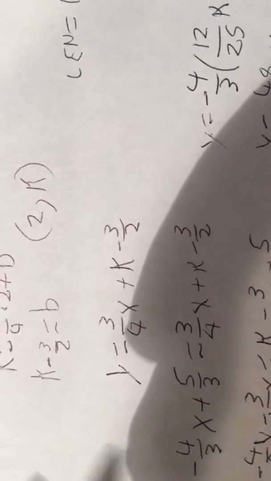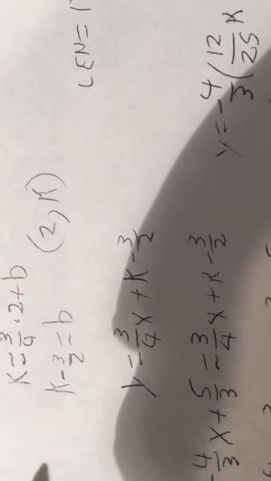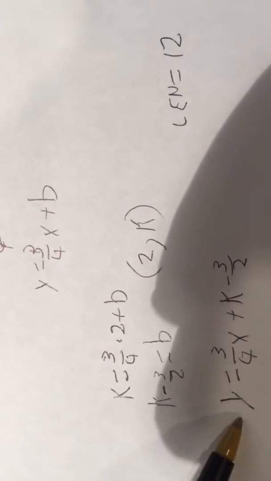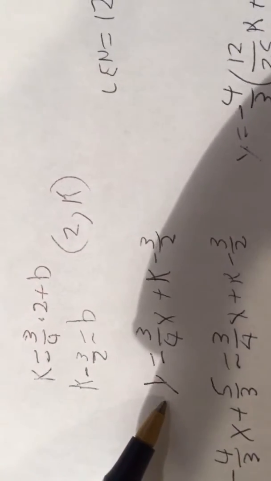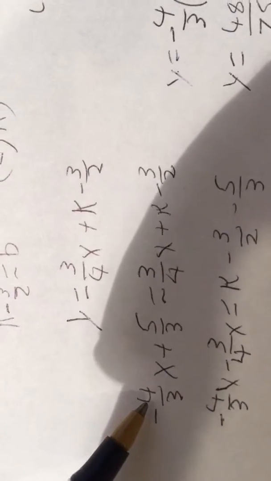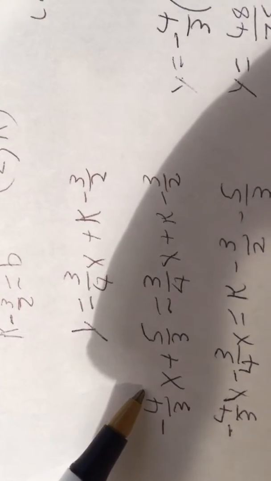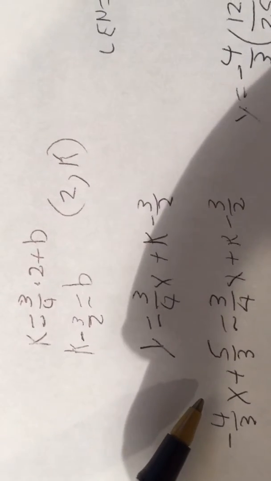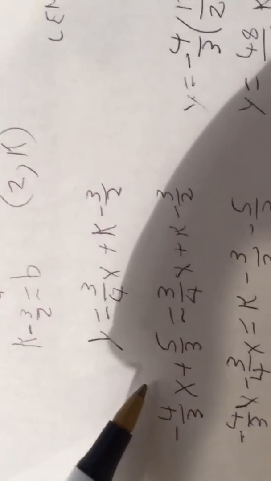So what I can then do is solve in terms of x and y. We have our equation here in y-intercept form. Now we find the x of the intersection by setting the two equations equal to each other.